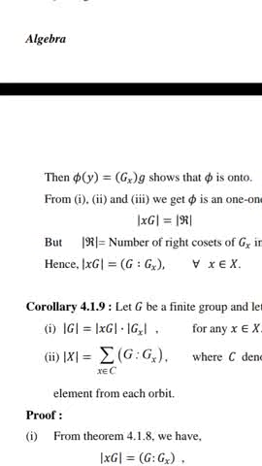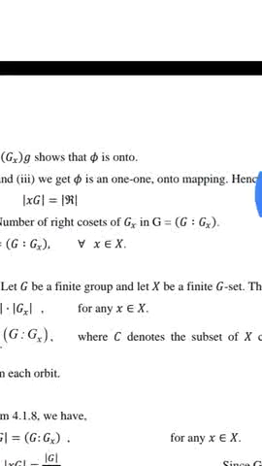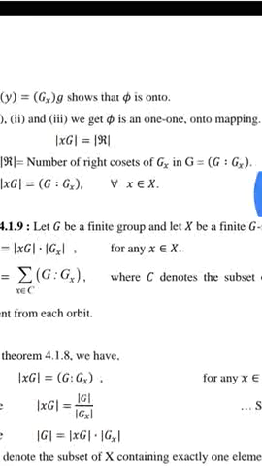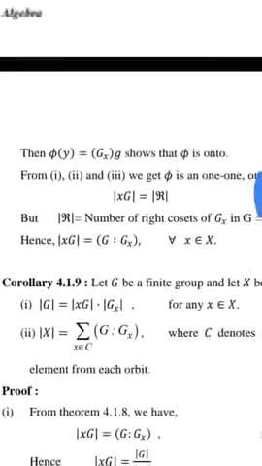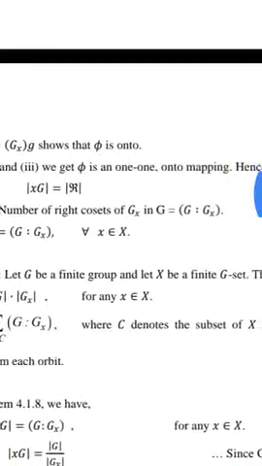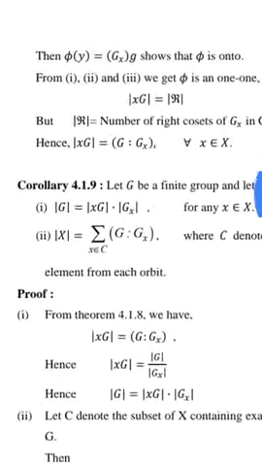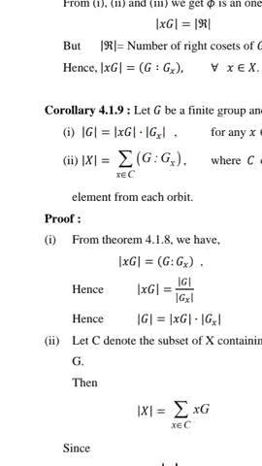As phi is well defined, phi is one-one, phi is onto, xG is equipotent to R. Cardinality of xG is equal to cardinality of R, where the cardinality of R is equal to the number of right cosets of Gx in G, that is the index of Gx in G. This proves that the cardinality of xG is equal to the index of Gx in G for all x belongs to X.